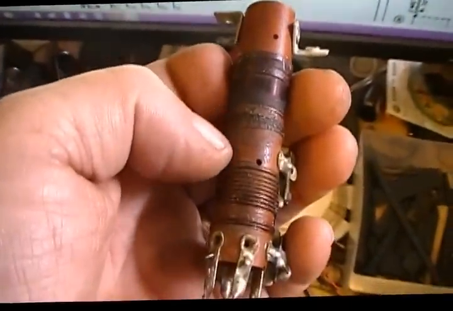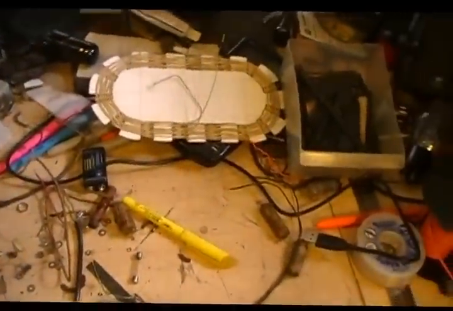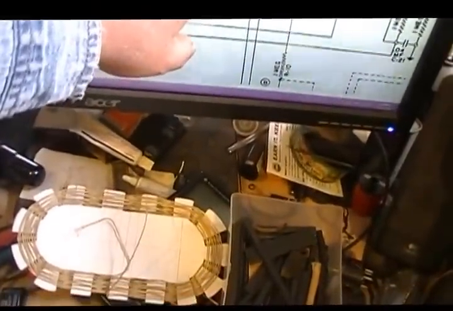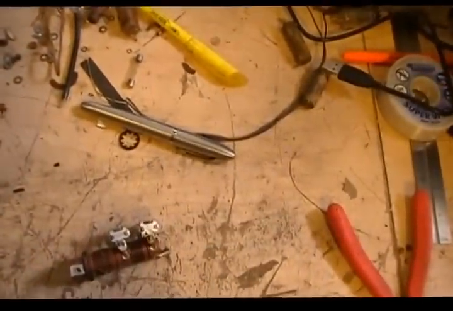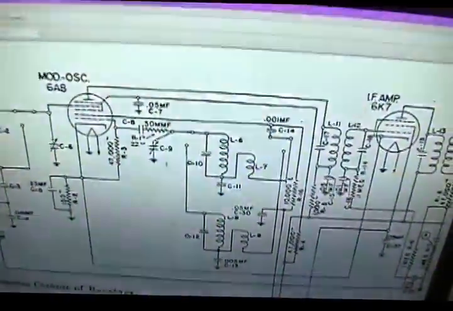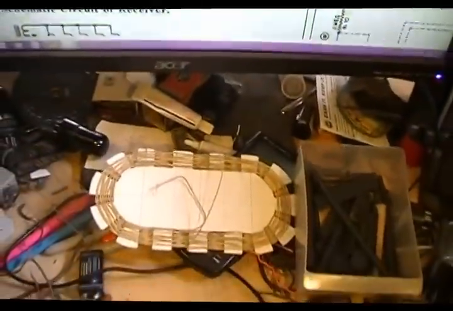So this other one goes from here clear up underneath this one, so that's L6. So you can see the difference. You find the two ends of it, mark them out on your documentation that you're making of the coil. Then find these two ends of L6, do the same thing.